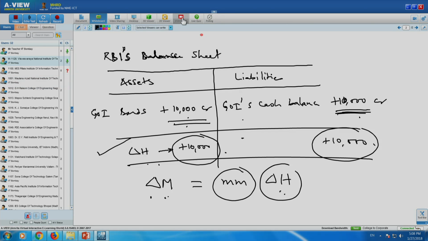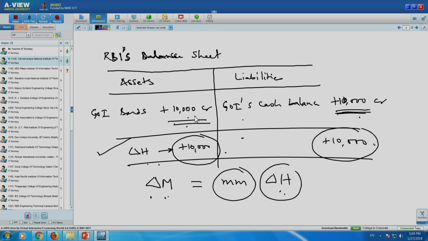If you want a sophisticated explanation, say it is buying bonds worth 10,000 crores. On the asset side, its holdings of government bonds go up by 10,000 crores, and it pays for the purchase by writing a check on itself. The banks that sold those bonds receive a check from RBI and present it back to RBI.